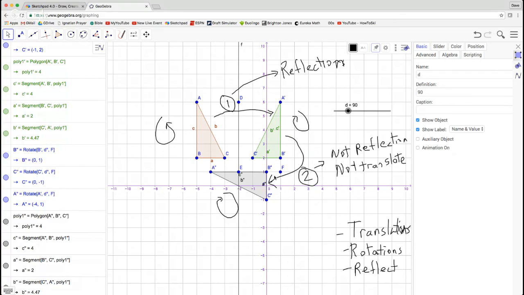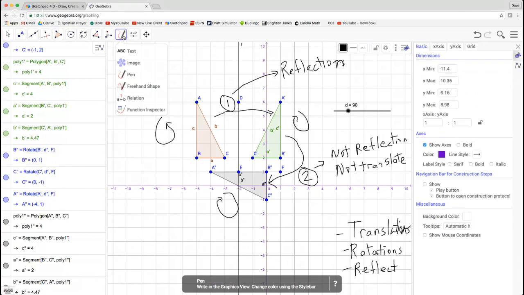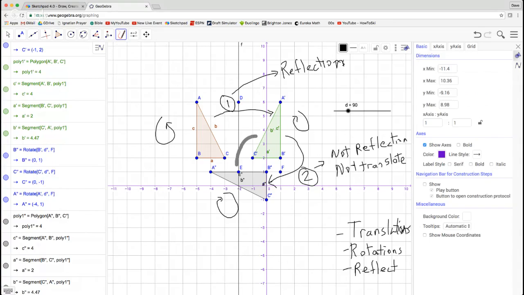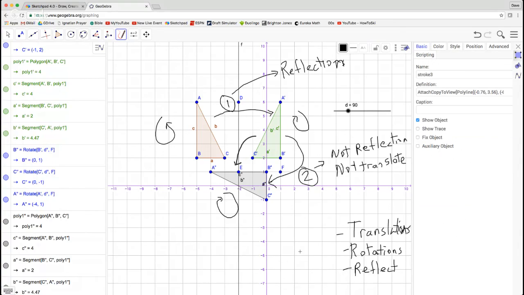Then you can draw a point on your paper here at 1, 1, make point F your point of rotation, and then you can just twist your transparency down like that.